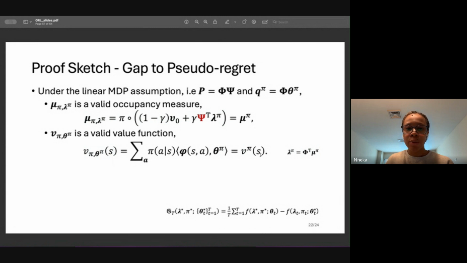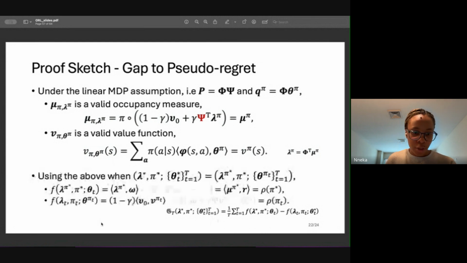Then this expression is just the value function v pi at state s. Now, using these two ideas and taking into account the definition of the duality gap, we can show that the first term in the gap, f of lambda star, pi star, theta t, when we substitute these specific comparators, works out as follows.